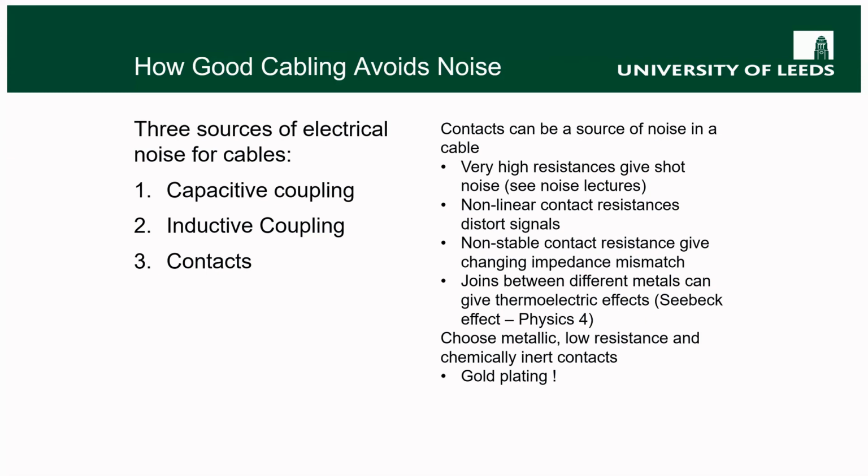And then the final thing is that you can make a thermocouple by accident. If you have a join between two different metals, then you're going to get temperature-dependent effects due to the Seebeck effect. So all of these combine to say that what you really want to do is choose something that's metallic, low resistance, and chemically inert. And of course, the classic metal for that is gold.